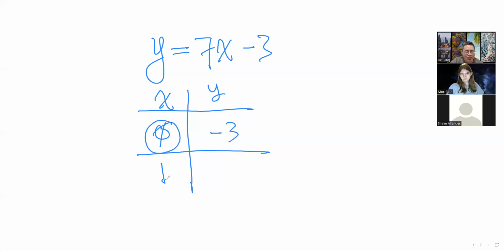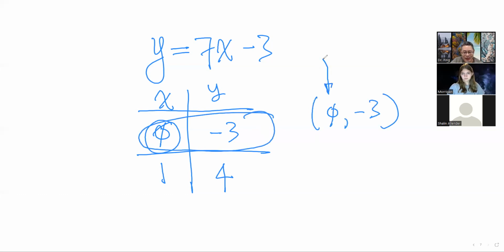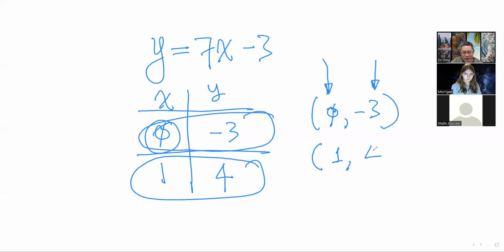When x is 1, it's 4. But the way we write it is like this. This is our first point. We write it as 0, comma, -3, which means this is our x and this is our y. When x is 0, our y is -3. Here, let's write it as 1, comma, 4.